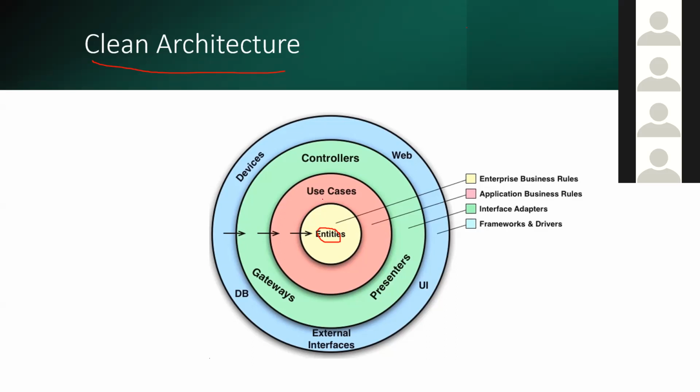Then we've got the use cases, which is the red circle. The use cases are only allowed to speak to the entities or reference the entities, but they are not allowed to reference the DB and the web and everything else. So in your use cases, this is where you define the interfaces for your repositories to say, I want to speak to the database, but I don't want to directly reference a database.